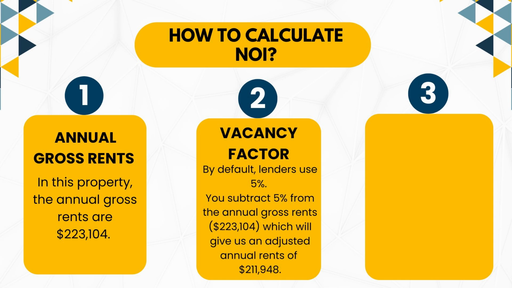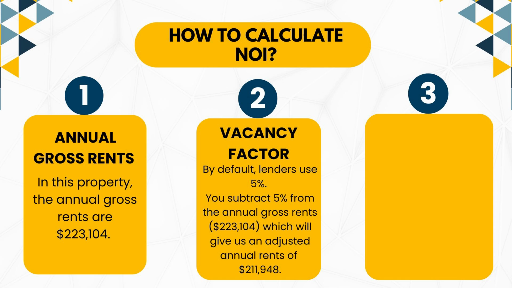$223,104. Now, the next part is the vacancy factor. We subtract that from the annual gross rents. By default, lenders use 5%. I recommend you use 5%, even if you're paying cash for the property. Still stick with that 5% as a cushion.